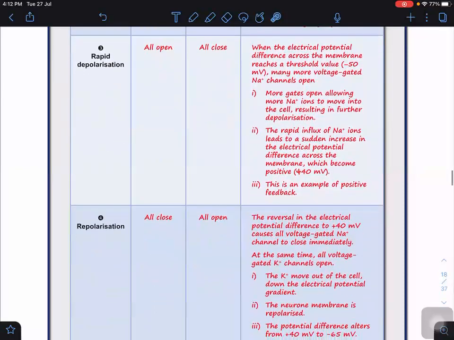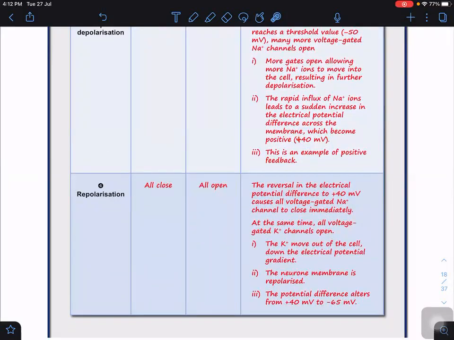Once it reaches this positive 40 millivolts, what happens is that immediately the voltage gated sodium ion channels all close, and the voltage gated potassium ion channels all open. So it's a reversal of the electrical potential difference from positive 40 millivolts down to -65 millivolts, due to the opening of the voltage gated potassium ion channels, allowing potassium ions to move out of the cell down the electrical potential gradient or concentration gradient.